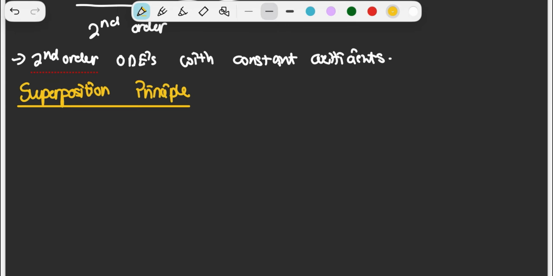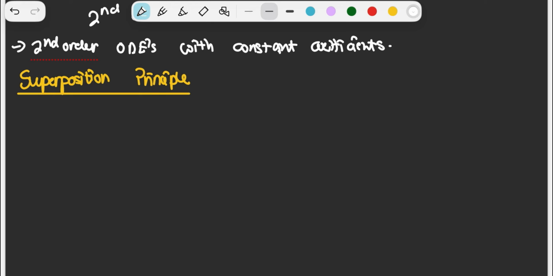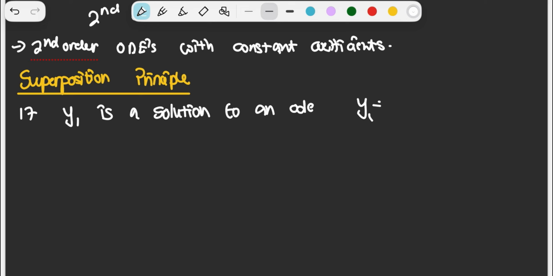Okay, what does this principle say? Simply put, if y1 is a solution to an ODE, so y1 might be equal to e to the power of x, or y1 might be equal to cx plus b.